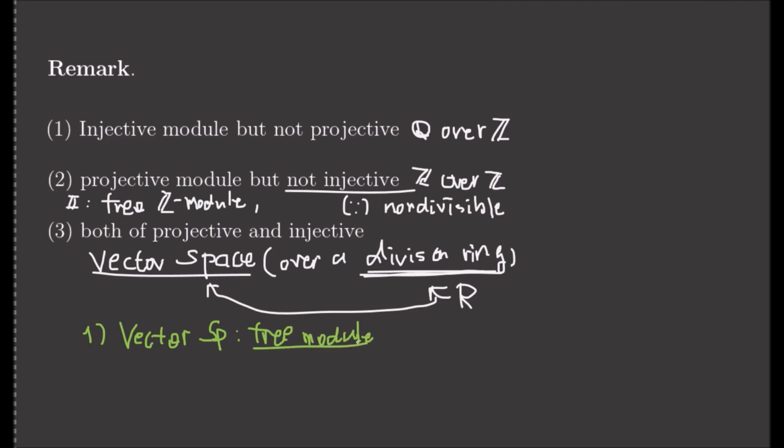This is clear because a vector space has a basis, and the basis is linearly independent and generates V. Each basis element is linearly independent, and together they generate V. So this is clearly a free module.